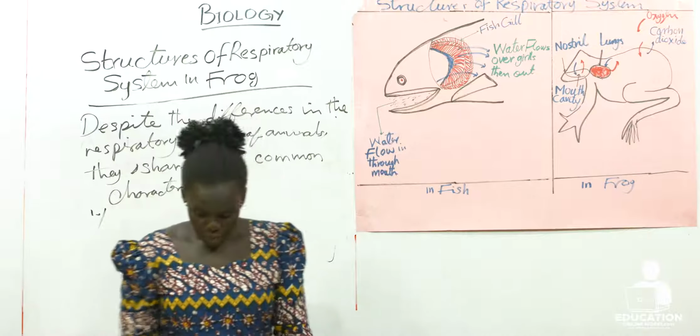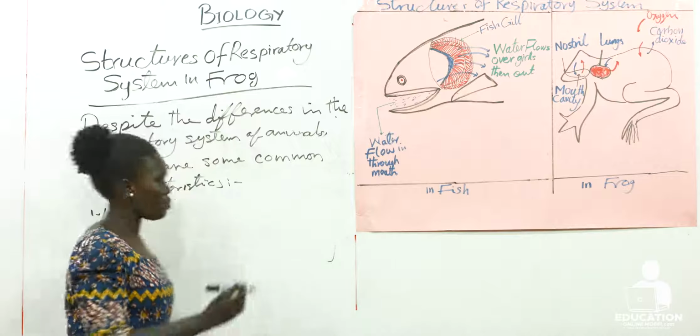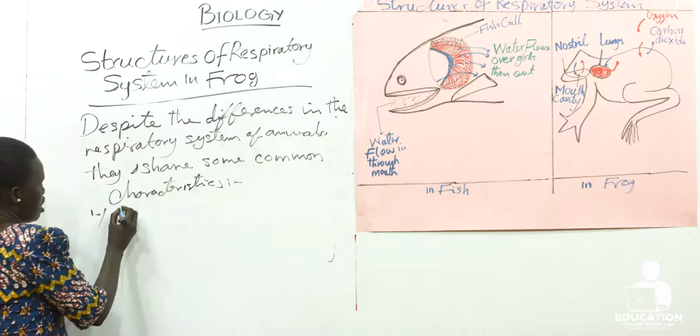Characteristic number 1, a large capillary network.